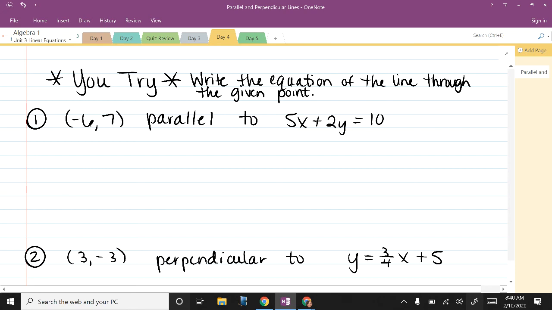Let me know if y'all get stuck. Top comes big divided by the bottom.